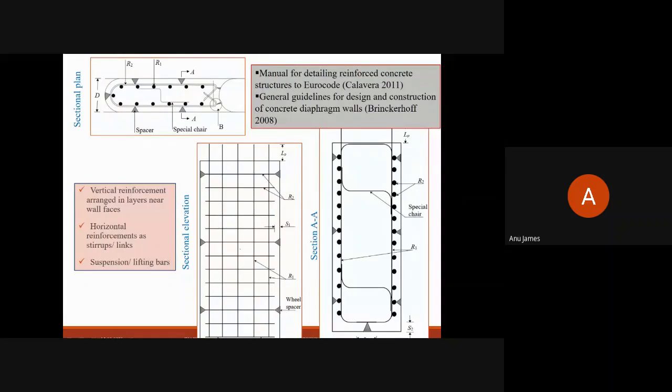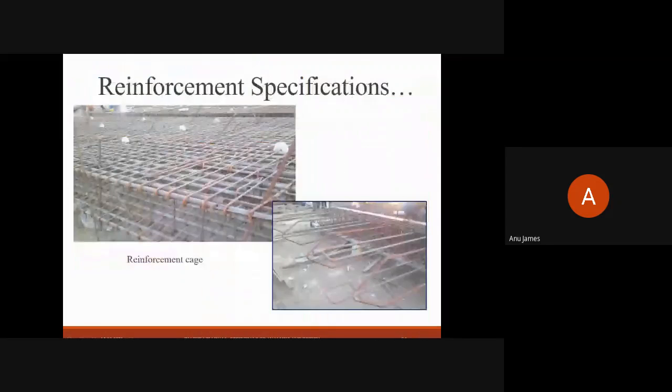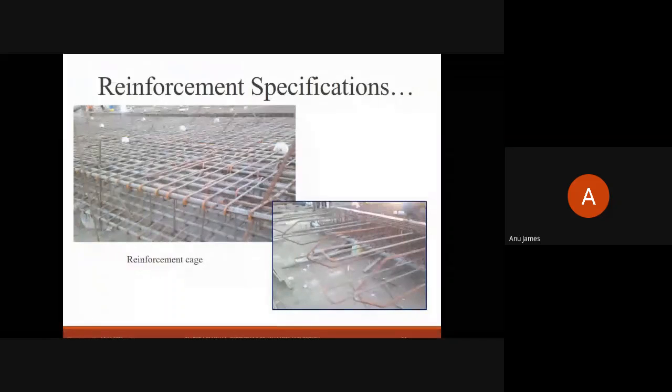Wheel spacers are to be provided at sufficient intervals. Special chairs are provided at specific intervals to keep the reinforcement alignment. This is a simple diagram of a reinforcement cage of a diaphragm wall panel, and these are the suspension hooks.